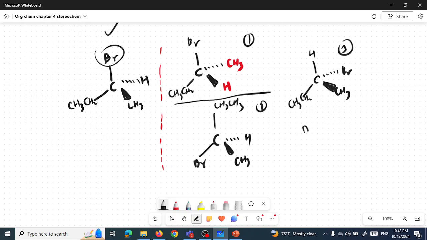And 1, 2, 3 are exactly the same. They all are the enantiomer of the first compound, A. These 1, 2, 3 are not 3 compounds, they're actually 1 compound.